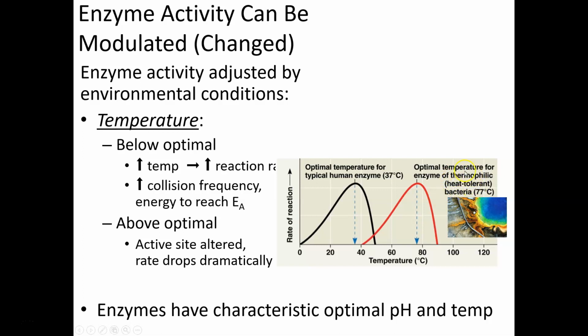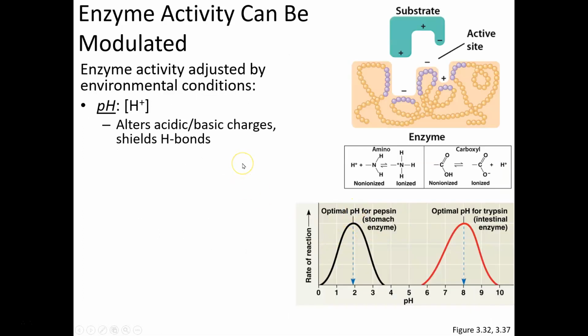Because these bacteria live in this environment, their optimal temperature is close to 80 degrees Celsius, right? So almost boiling, 100 degrees would be boiling. They work best at that high temperature because that's the environment they're in. And if we moved away from that optimal temperature in either direction, activity would go down. pH is the same way.